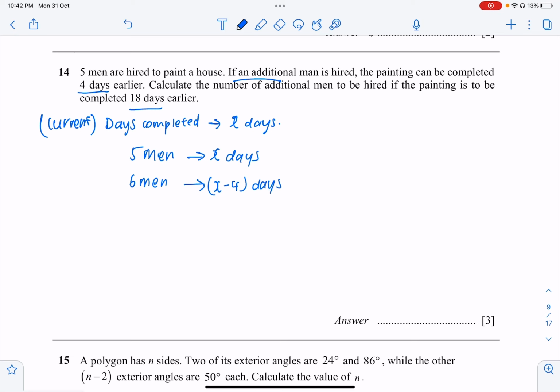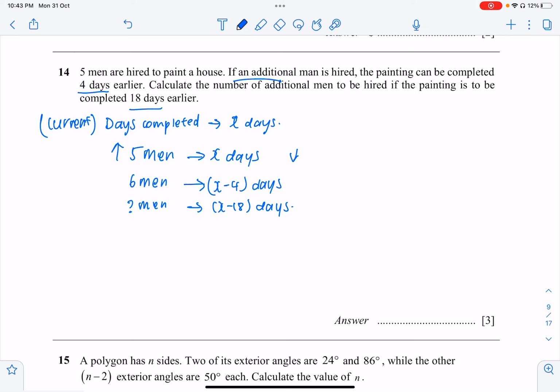And now we need to find the number of men required if the painting has to be completed 18 days earlier. Firstly, identify whether it's a direct or inverse proportion. It's very clearly an inverse proportion, because as the number of men increases, the number of days it takes to complete the project reduces as well.